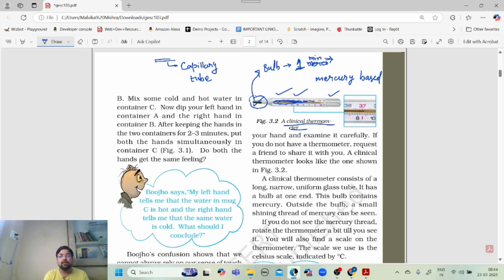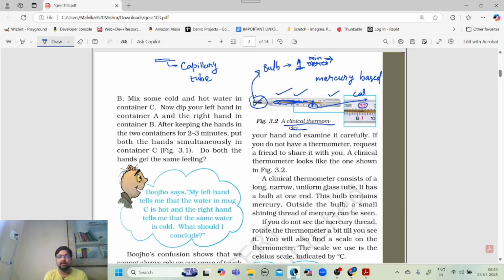After 1 minute, the mercury level which was expanding inside your glass tube stabilizes, and now you can take the correct reading. So till where does the mercury level reach, up to, suppose, this point. So you read at the side of this capillary, there are markings, there is calibration.